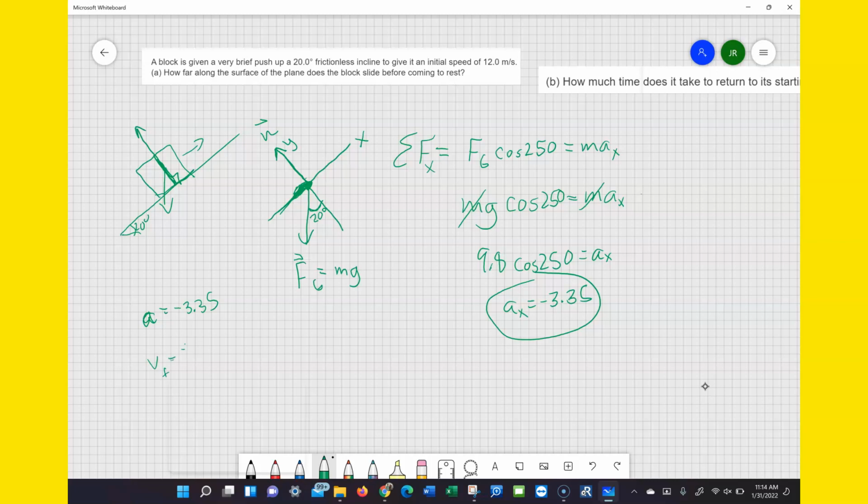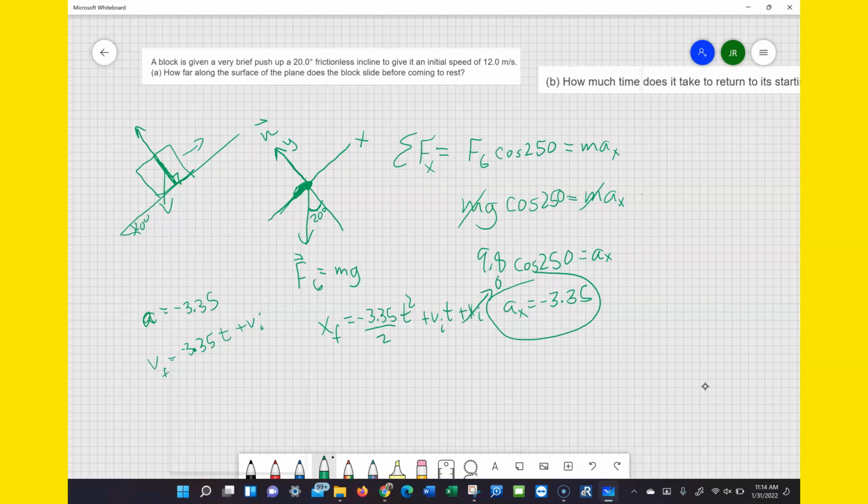VF equals negative 3.35 T plus VI. And XF equals negative 3.35 T squared over 2 plus VI T plus XI. Well, XI, we can just say is 0.